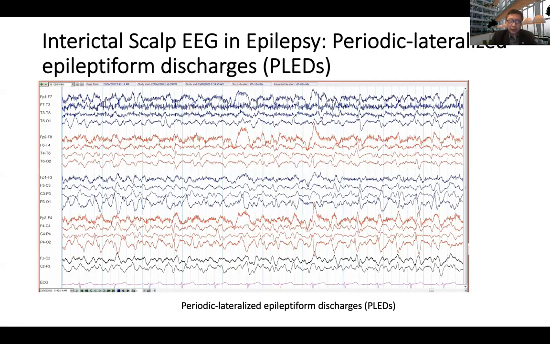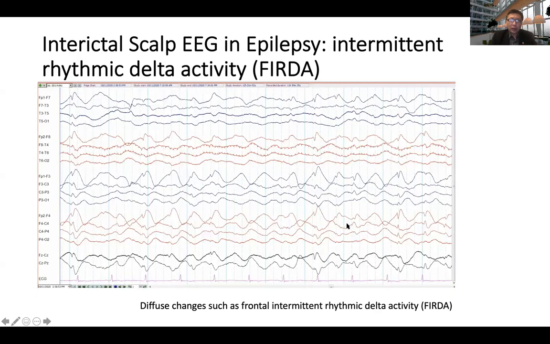Or the interictal scalp EEG in epilepsy can show periodic lateralized epileptiform discharge, like this periodic activity on the EEG. The EEG can also show intermittent rhythmic delta activity. This is one example of the EEG in an epileptic patient. The interictal EEG can show the intermittent rhythmic delta activity that we call FIRDA.